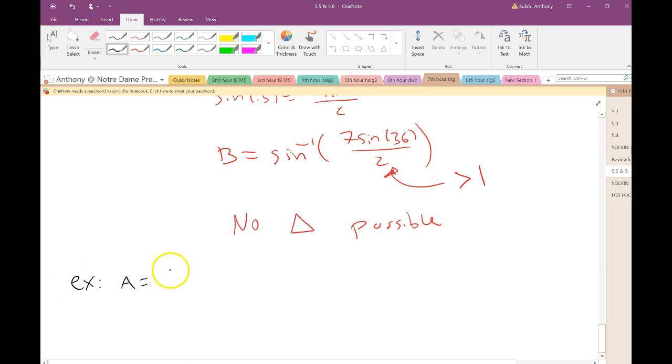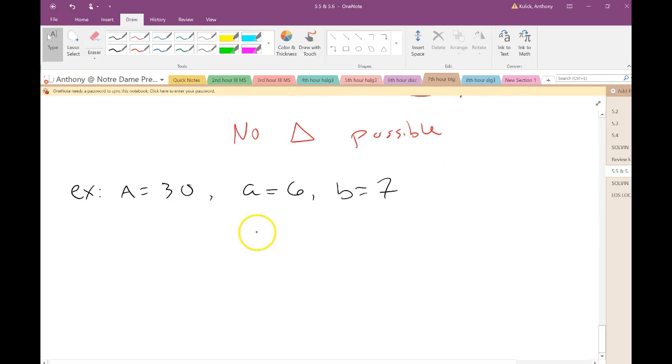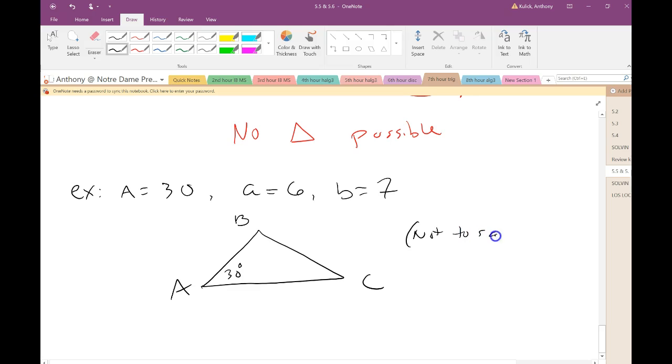So let's do one that's not quite so silly. So again, I'll just start by drawing a triangle. Again, this is not to scale.